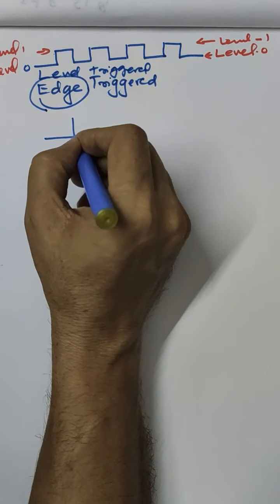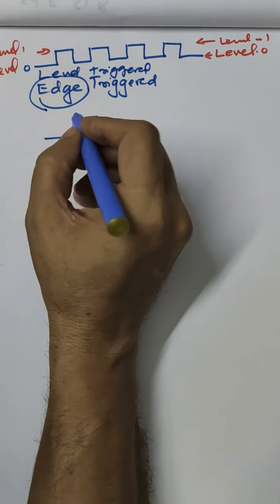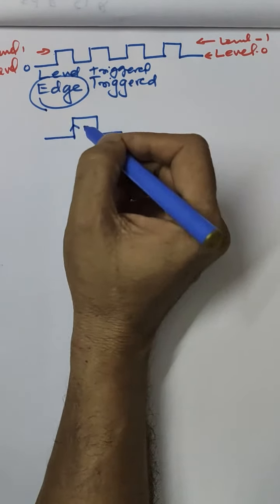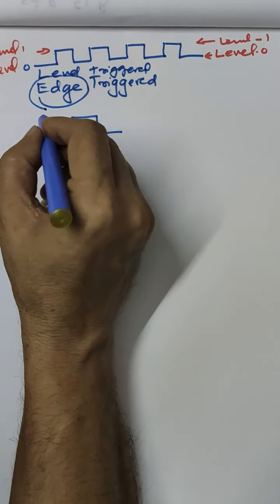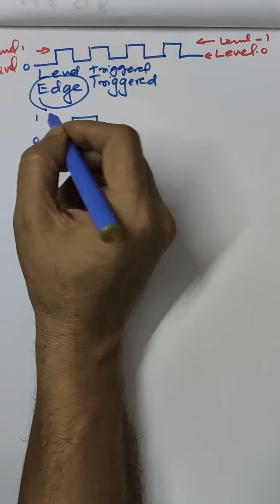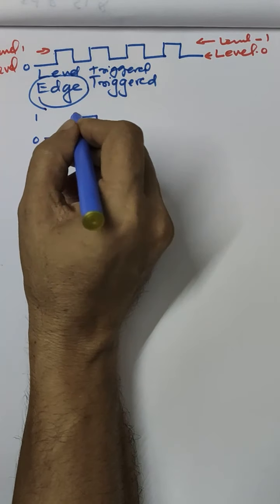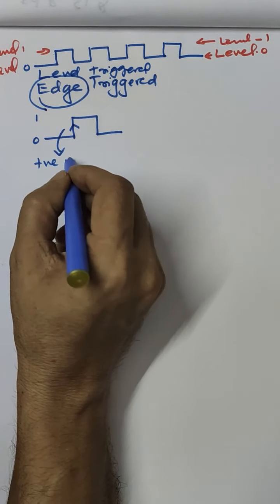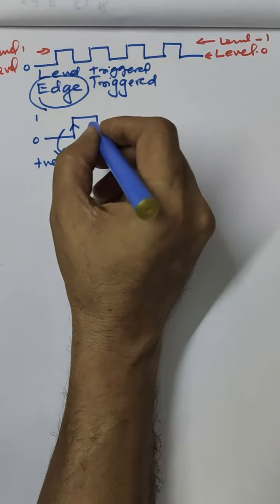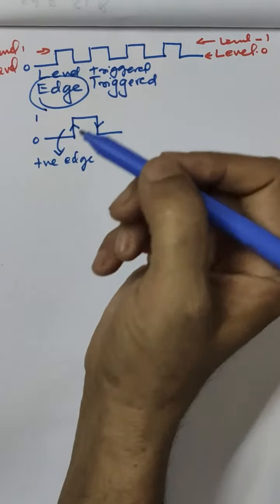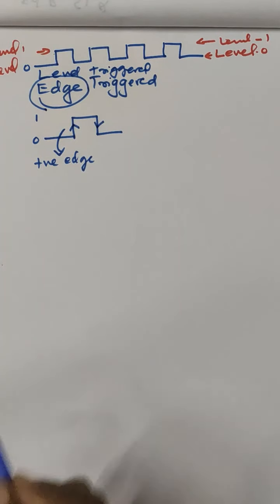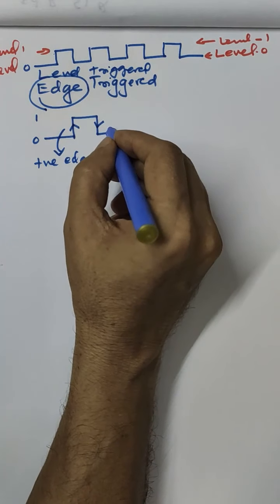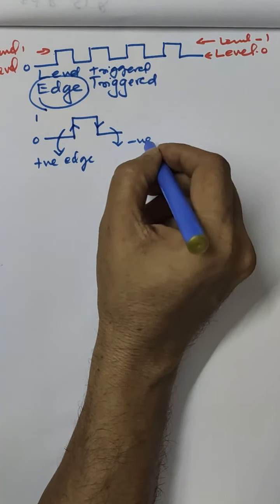Edge means, you can see that it's a square wave. A square wave consists of two edges. One is a positive going edge, that is the level shifting from 0 to 1. So this is the positive edge, while the transition from 1 to 0 is known as the negative edge.